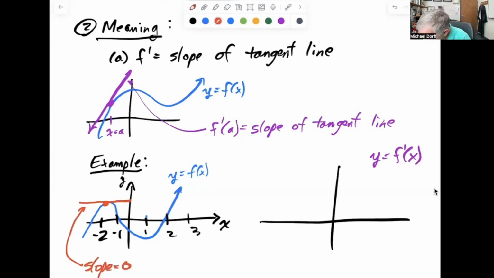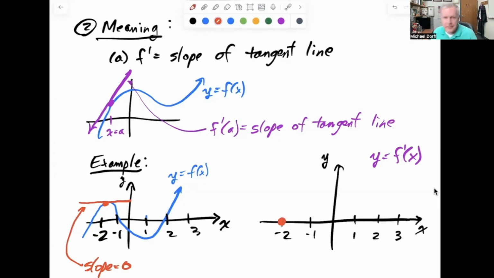So if I go over to my graph of my derivative, I draw in some x values, and again, here's my y-axis, which is the derivative. What do I notice? On my blue line, when I drew the tangent line at x equals -2, I got a flat line, which means the slope was 0.